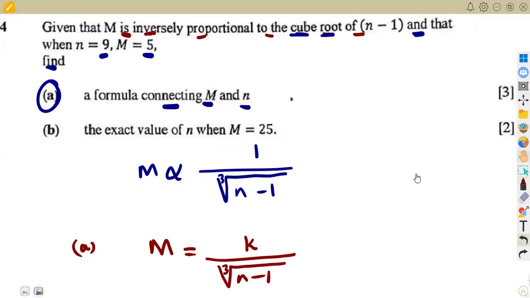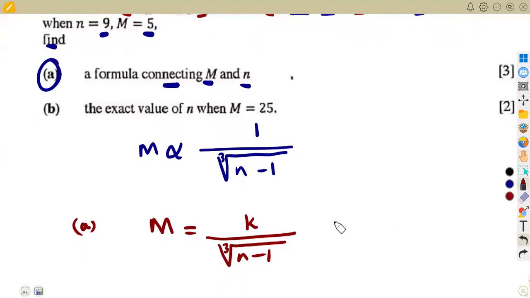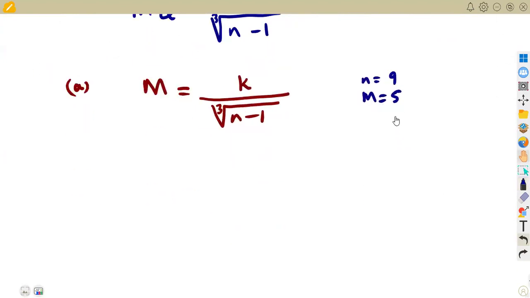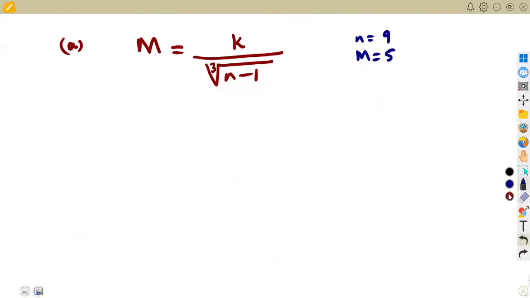So we can substitute the values that we are given to determine the value of k. From the n that we are given, which is 9, and the m, which is 5, we substitute to obtain the value of k. So 5 is equal to k over the cube root of n minus 1, with n being 9 minus 1.